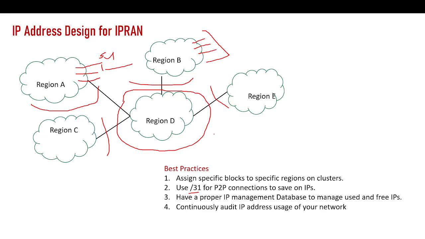Another thing is you need to have an IP management system or a database that will help you to properly manage these IPs. You've used so many IPs on your network. How do you ensure that you are not causing duplicates? How do you ensure that the new IP you have allocated has not been used in a given region? You know what IP duplicates can cause on the network.